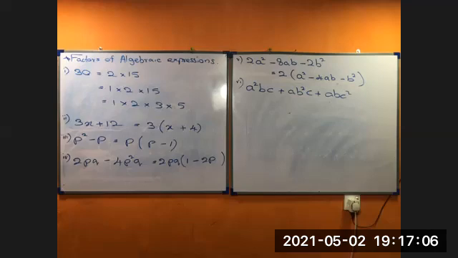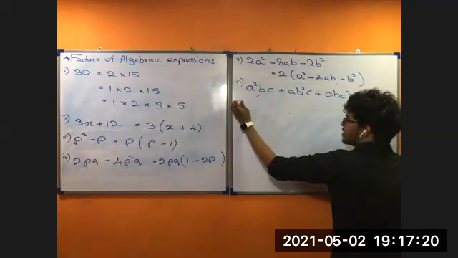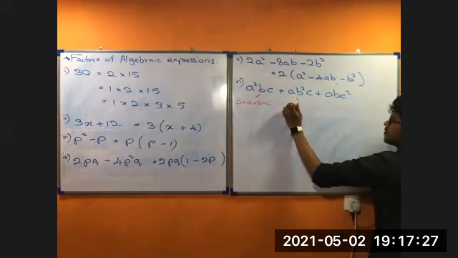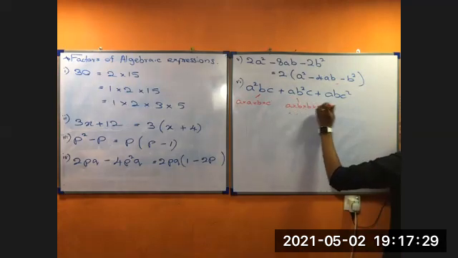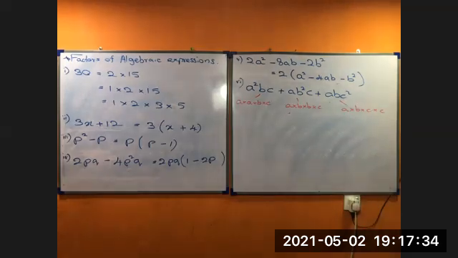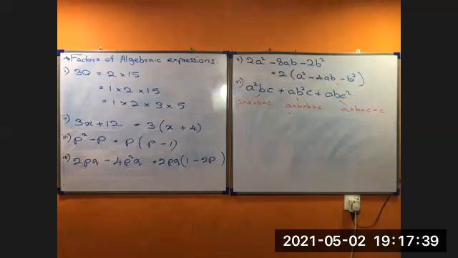Okay, we got one answer from Saginjay. We got another answer from Hafsa and also from Rumana. Okay, let's see. So here we have A squared, that means A times A times B times C. Here we got A times B times B times C. And here we got A times B times C times C. So here we got 2 A's, here we got 2 B's, and here we got 2 C's, right?